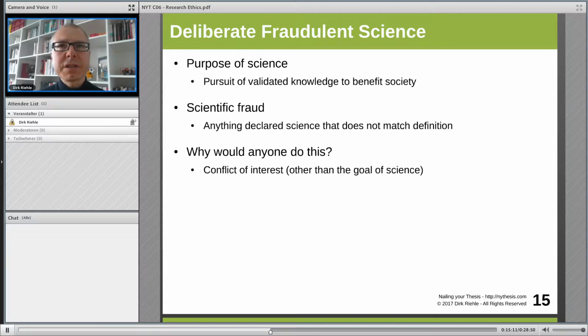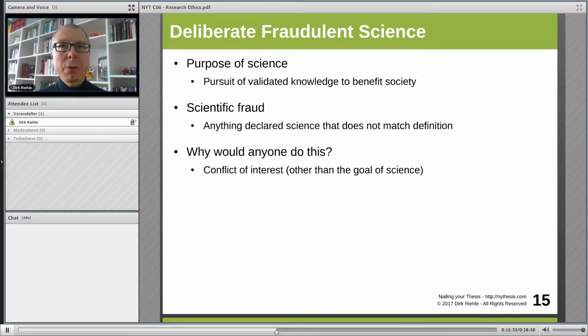It's only taken serious if it's past quality controls of science and is considered science by others. So that's the intention of the creator of fraudulent scientific papers, for example, to actually fraud other scientists by making them believe their research is valid.